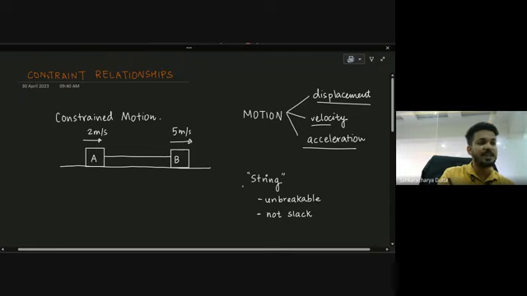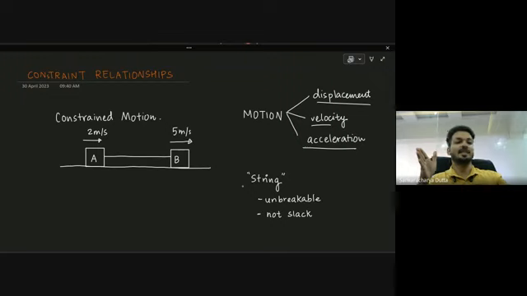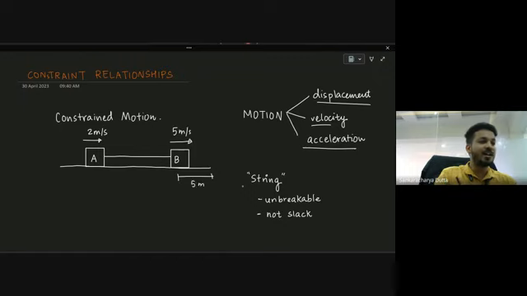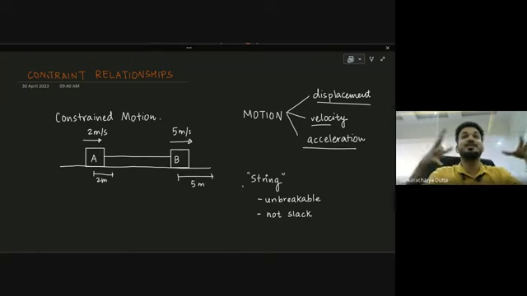The distance between A and B would increase after seconds, right? Because after 1 second, B block is going to travel 5 meters in this direction. However, A block has only moved 2 meters. So the distance between A and B has now increased. But the length of the string is not allowed to increase, or it's not allowed to break. So that means the velocity cannot be less than 5 meters per second.